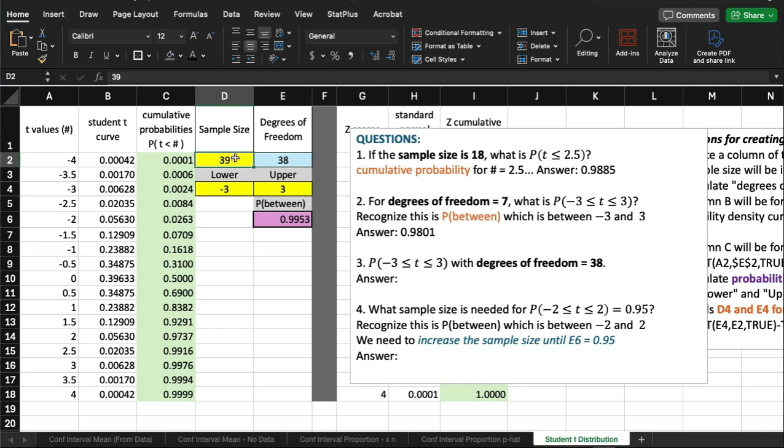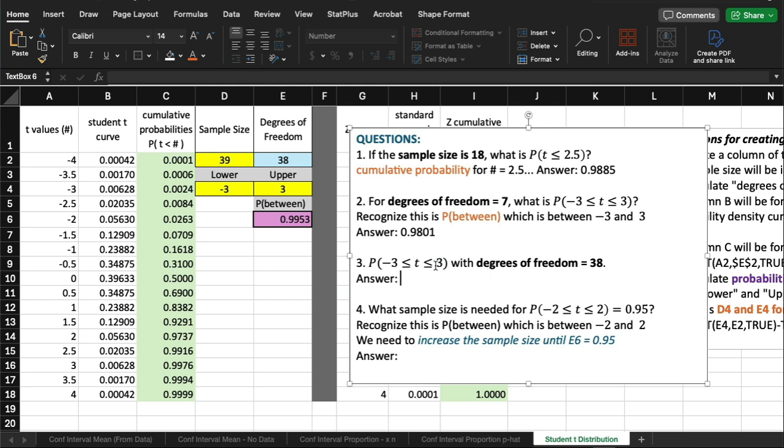So it's the sample size that we can type in. The value in E2 gets calculated based on our sample size. Our lower and upper values are the same, so we don't have to touch those. So this time the probability of a t-score being between -3 and +3 is a lot higher.